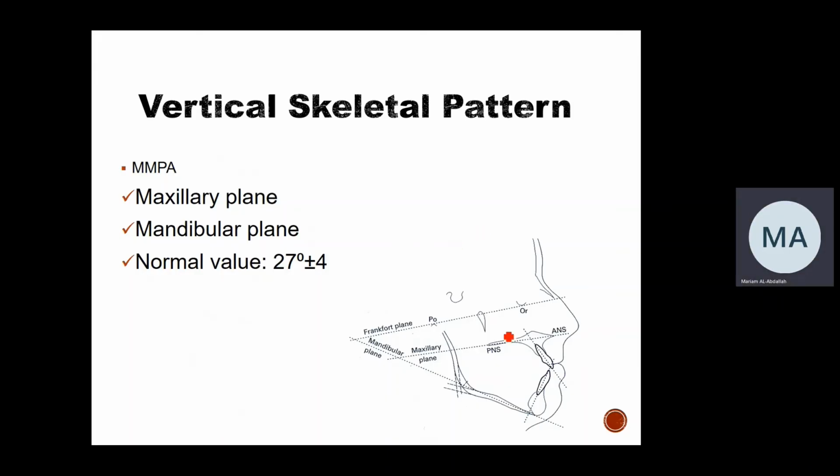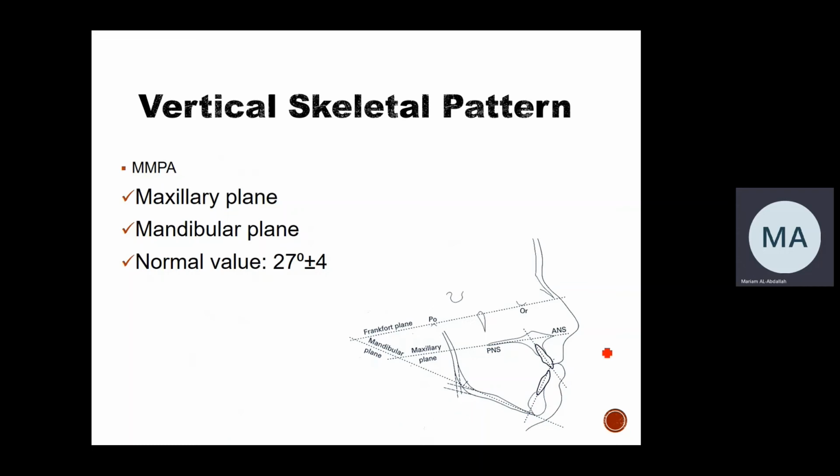So this is the maxillary plane. It's the line connecting the posterior nasal spine and the anterior nasal spine. We extend it all the way back until it meets the mandibular plane. And then this angle here, we measure this angle, and it's supposed to be 27 ± 4. If it's more than that, that means the patient has a tendency for posterior growth rotation.